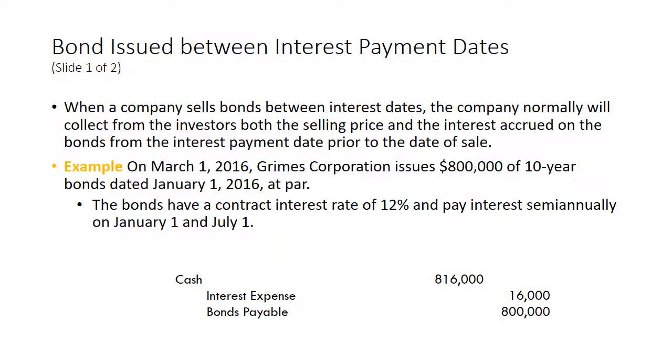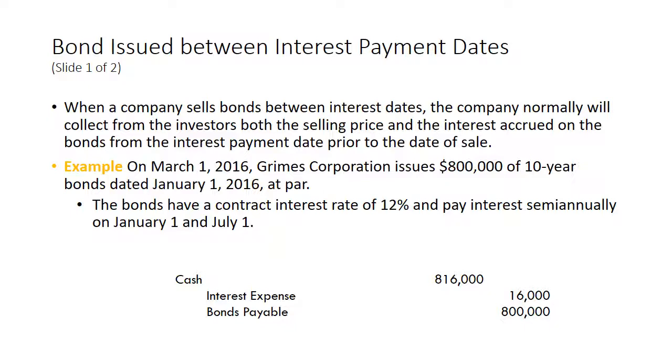That'll give you 6 months worth of interest. Or you could just say, how much is 2 months worth of interest? But remember, if you take the $800,000 times 12% times 1/2, $48,000 is the interest payment whoever owns it on July 1 is going to receive.